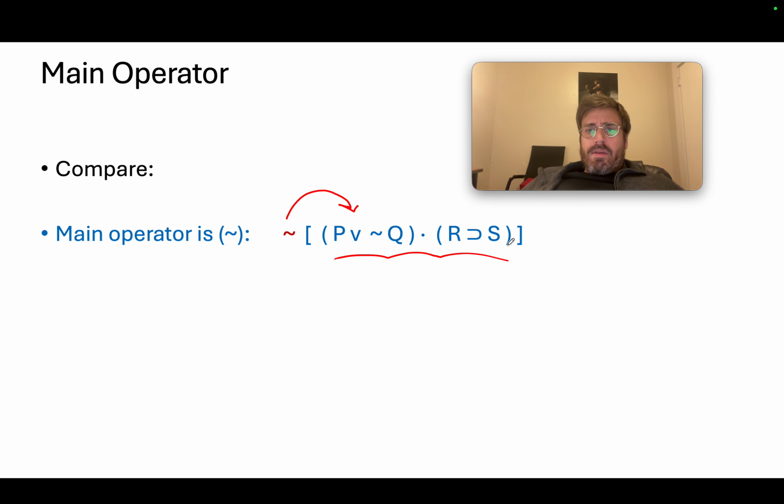So another way of parsing out the statement is identifying, in a way, the next most important operator in the statement, which for me is conjunction.